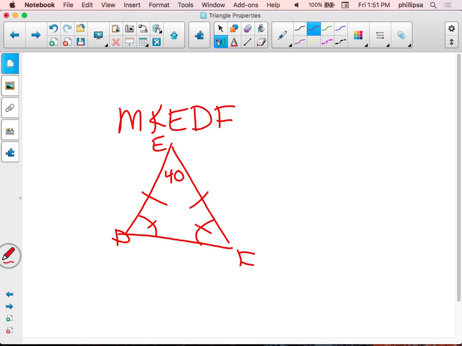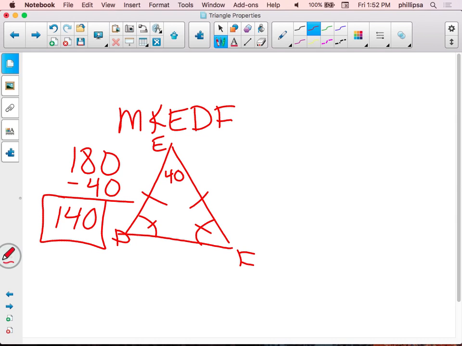What do you know about the interior angles of a triangle? That's right. You can now account for 40 of those degrees, which means you've got to figure out where the other 140 goes. Well, what do you know about that 140? Caroline? Each angle could be 70 degrees. It's split in half between those two congruent angles. So 70 and 70 here.